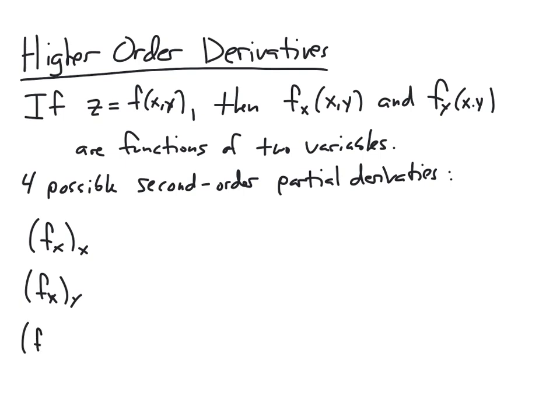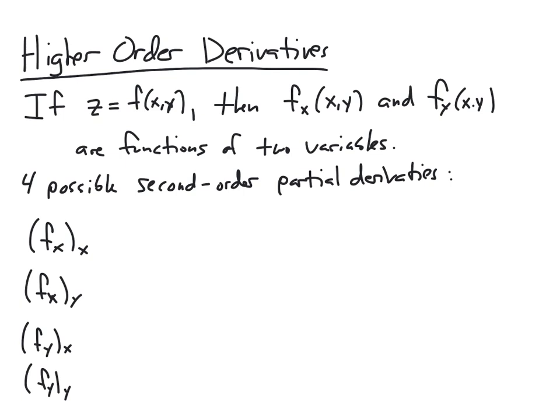We could first differentiate it with respect to x, and then differentiate it with respect to y. And that produces, at least on the surface, four different derivative functions. And so right now I want to go through just quickly and point out the different notations for these. Just like with the first derivative, there's a bunch of notations for each of these. And there is one thing about this notation that's a little bit confusing, which I'll point out at the end.